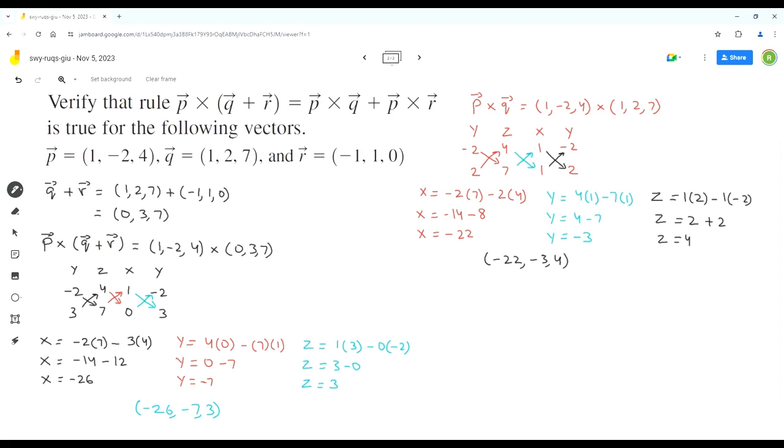So next we can find the cross product of vectors P and R. So now we can stack the y, z, x and y components of these two vectors.